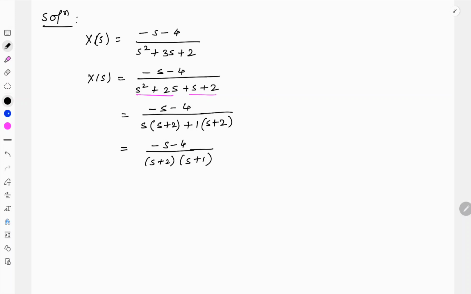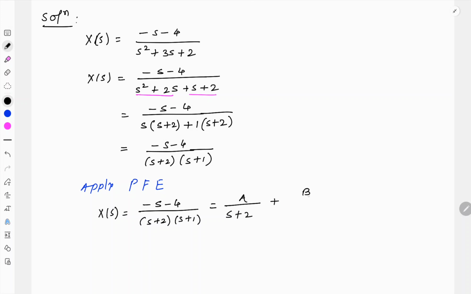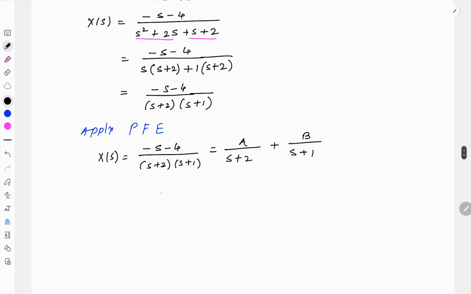So now once we get the roots of polynomial, apply partial fraction expansion. So we get X of s as minus s minus 4 divided by s plus 2, s plus 1 is equal to, here we have two roots, so two coefficients, A upon s plus 2 plus B upon s plus 1. Again simplify these terms.